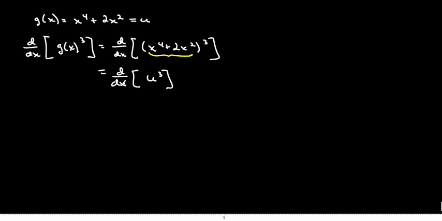But now here's the thing that's important about notation. This x right here and this u right here are not the same. So I need to make a substitution. I've got d/dx, and I need to change that into d/du. Well, the easiest way to remember how we do that is with this Leibniz notation.